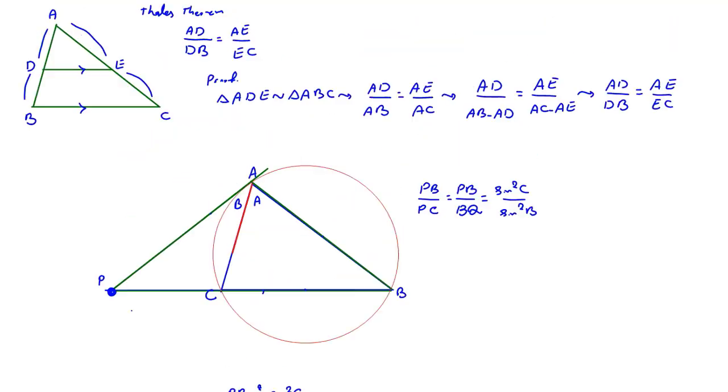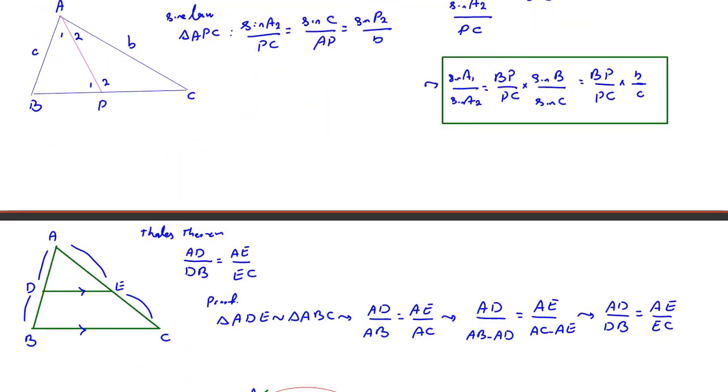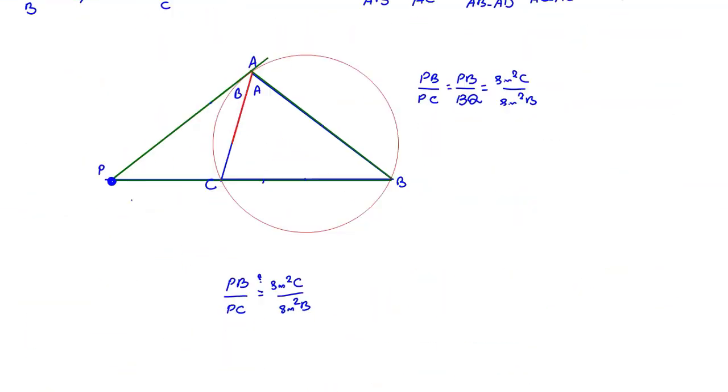So here we should prove that PB over PC equals sine squared C over sine squared B. I want to use the ratio lemma, okay? A1, A2, we said sine A1 over sine A2 is BP over PC times sine B over sine C, or B over C. I want to use this ratio lemma, but P is outside. Here P is inside BC, here P is outside. So if I use the ratio lemma, I say okay, P is outside, so this angle over this angle is now our A1, it is our A2.